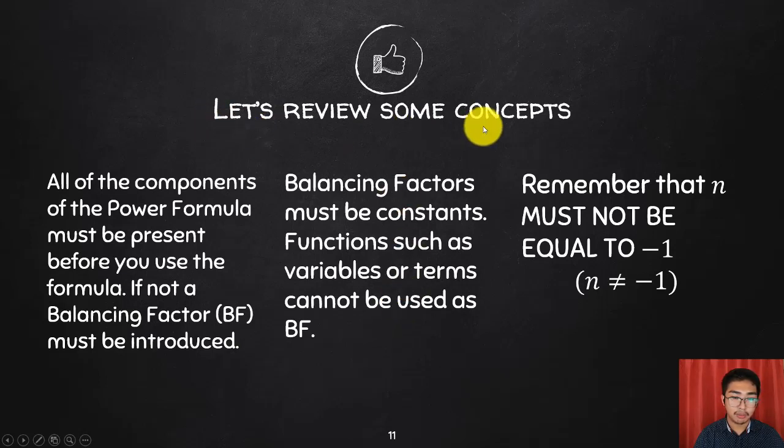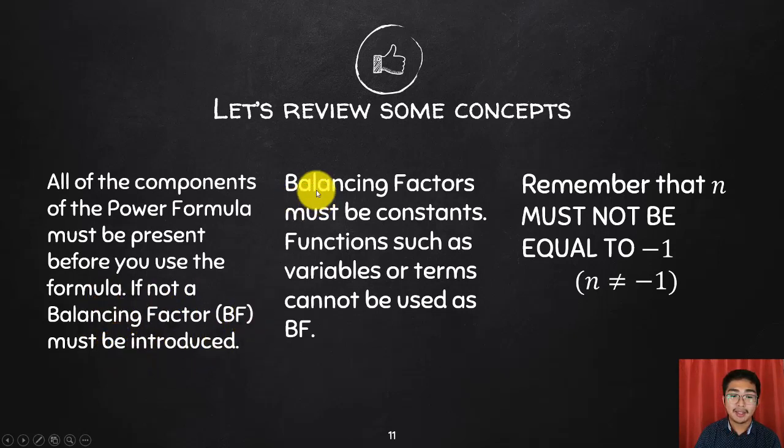But before we go, let's review some concepts that we've learned related to the power formula. All of the components of the power formula must be present before you use the formula itself. If not, then a balancing factor or a modification of the formula must be introduced.